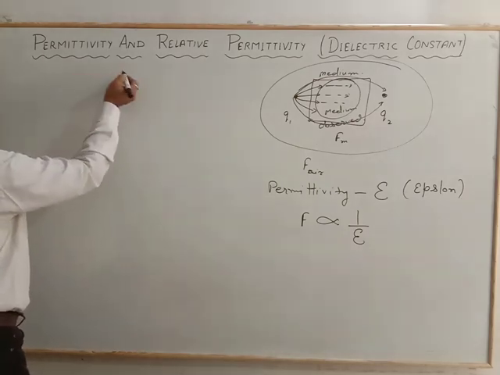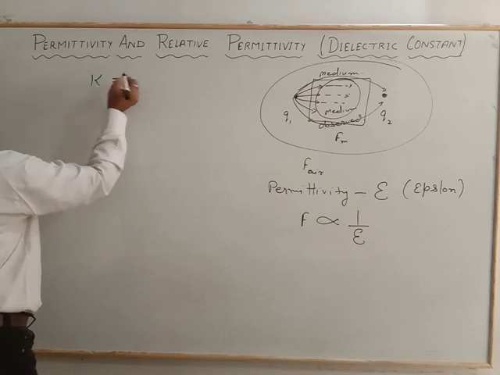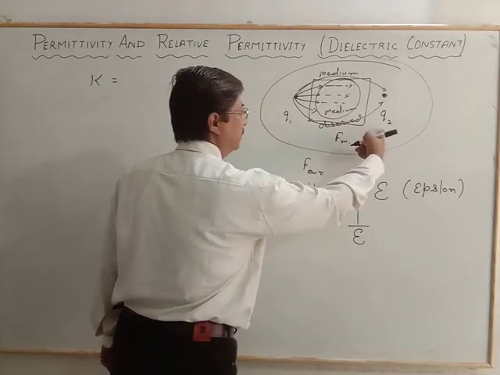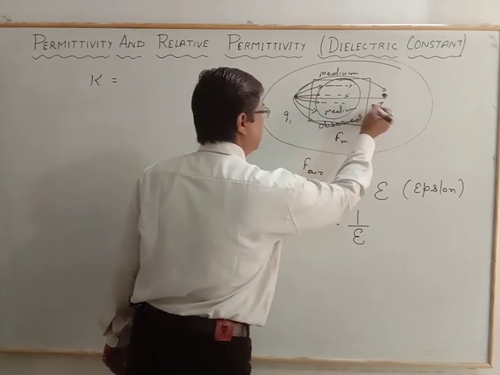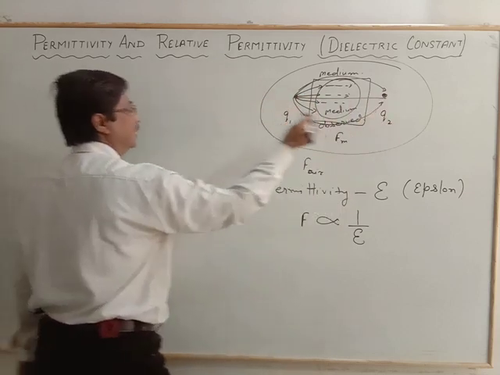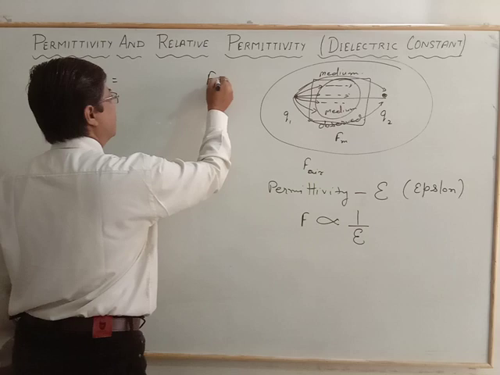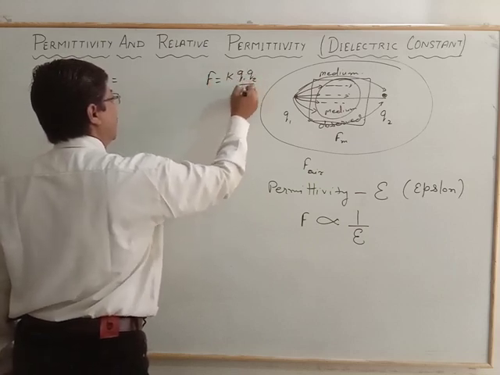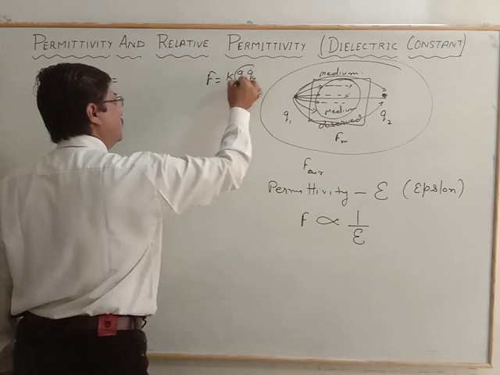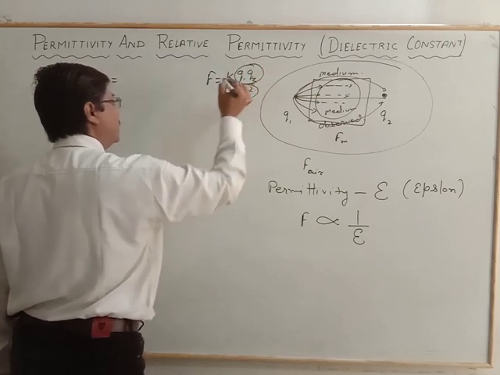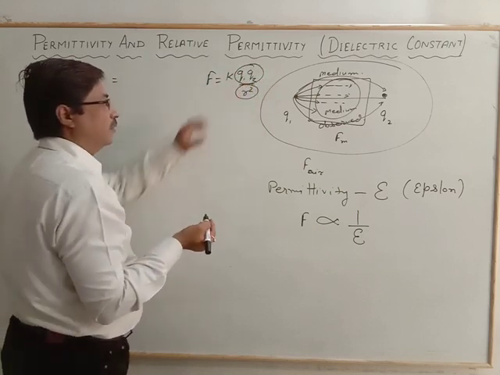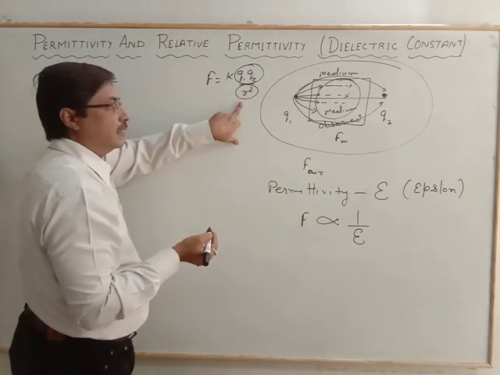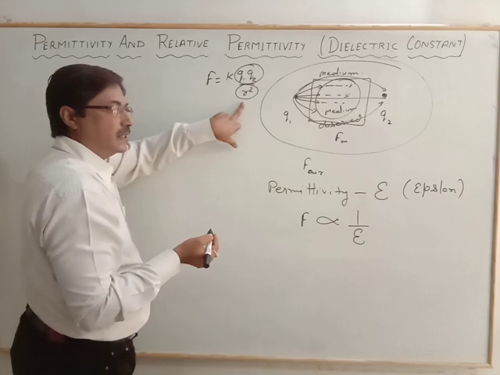That means there is a relation for K. The magnitude of the charges is constant, and the distance between them is also constant. We have the earlier relation that F is equal to K Q1 Q2 by R square. The value of the charges will not change, and the distance we considered is also the same.